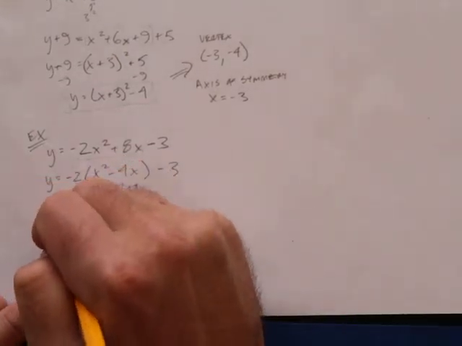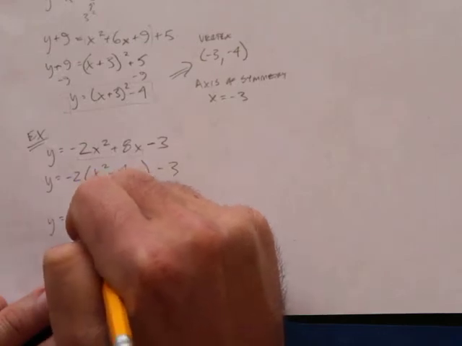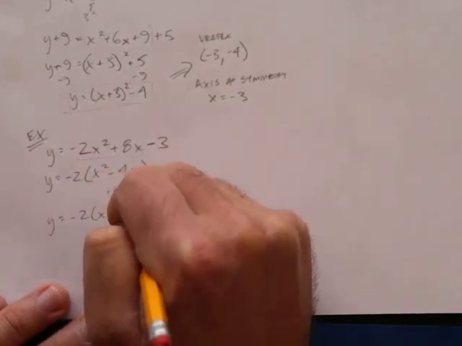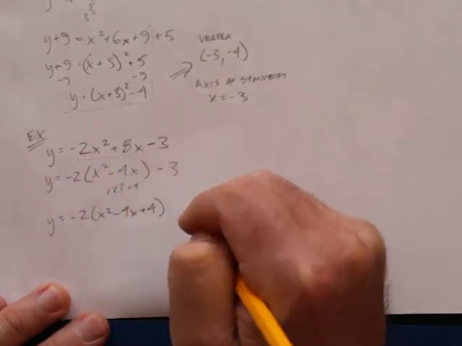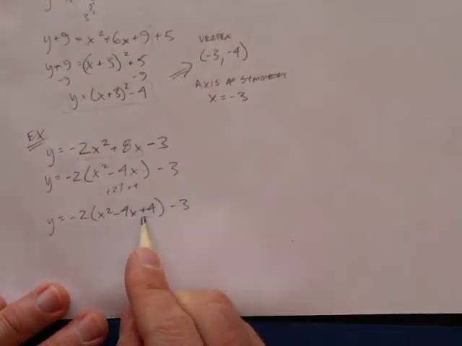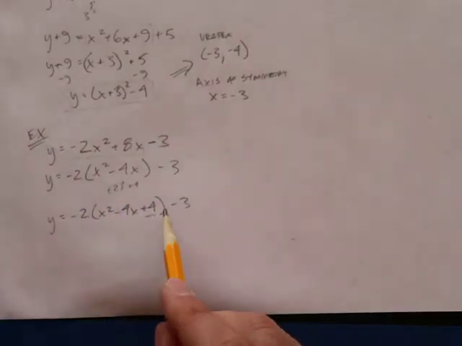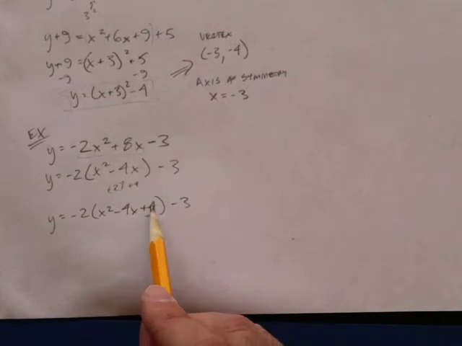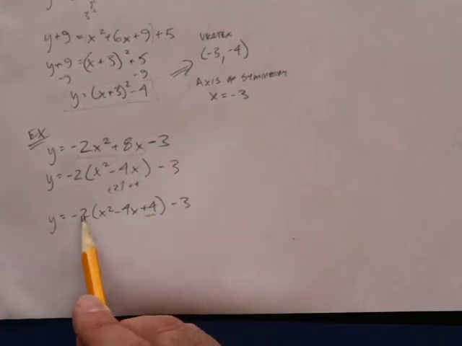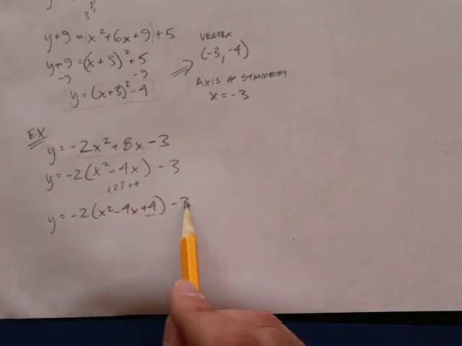Let's write it and see if we can figure out what I'm talking about here. -2 times x squared minus 4x plus 4 minus 3. So I added this 4 to this side. But really what I've added is 4 times negative 2 on this side.